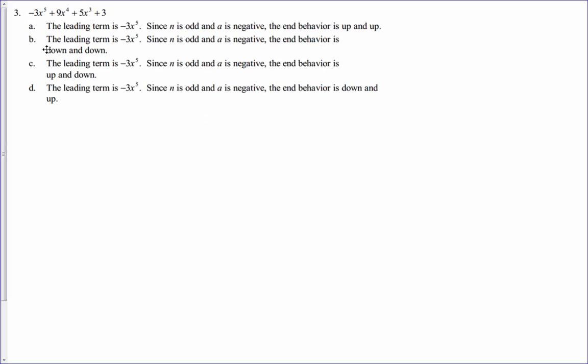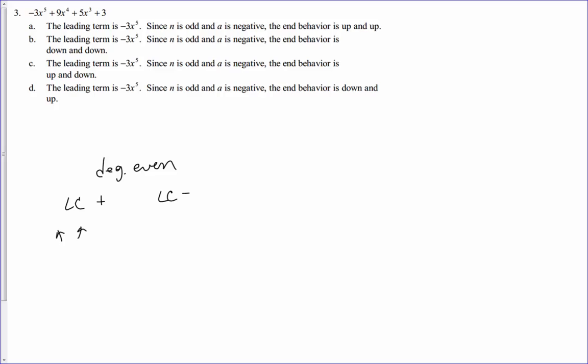This is number 3. It says, consider the leading term of each polynomial function. What is the end behavior of the graph? So the end behavior of the graph, it all goes down to your degree and your leading coefficient. Okay, so if your degree is even and your leading coefficient is positive, your end-tail behavior is up, up.